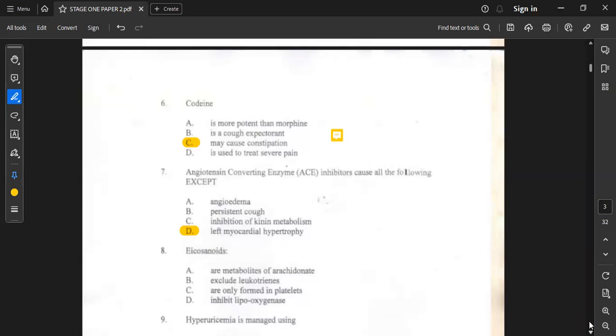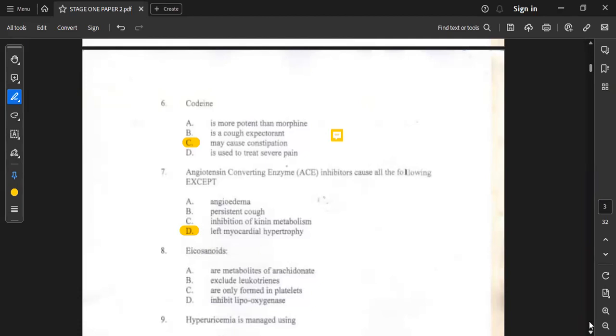Then the ACE inhibitors and the ARBs. The unique thing between ACE inhibitors and ARBs is that ACE inhibitors can cause cough, but ARBs do not cause this cough. So a patient on an ACE inhibitor complaining of chronic cough, you stop the ACE inhibitor or you switch to the ARB.